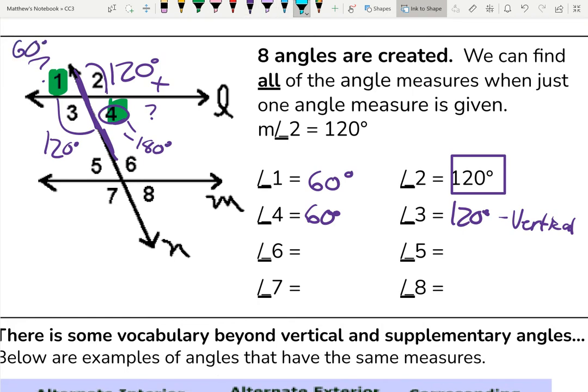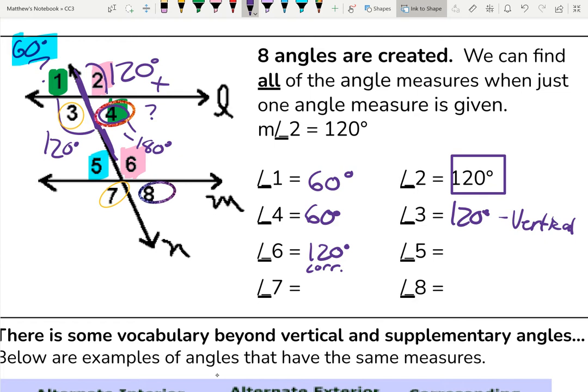And now basically, since this is a copy up here, I can just put these angles with the matching angles down below, 2 with 6, 3 with 7, and 4 with 8. So angle 6 is going to be the same as angle 2, 120 degrees, and this is because they are corresponding.